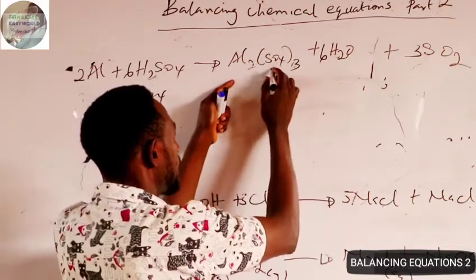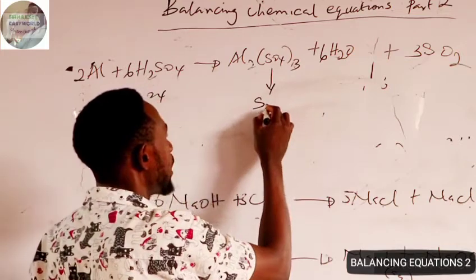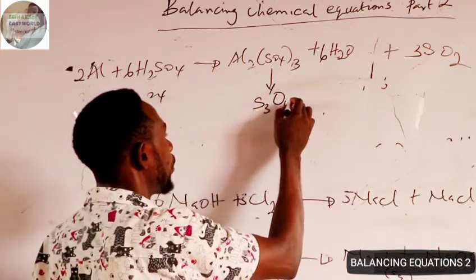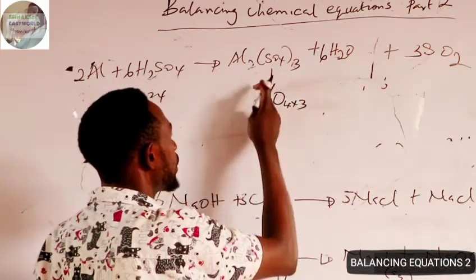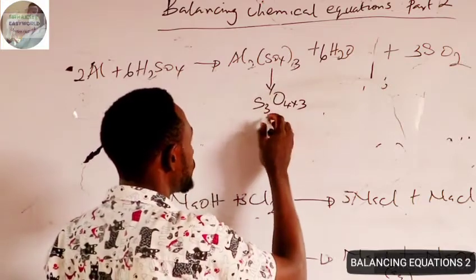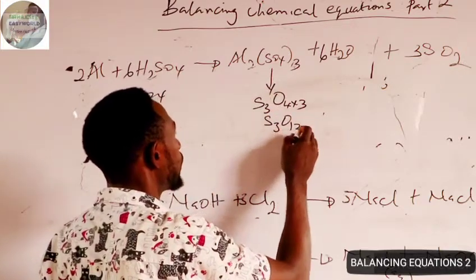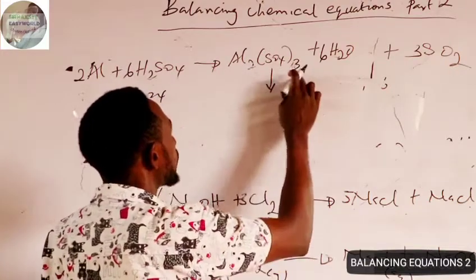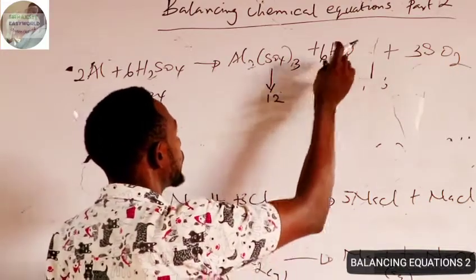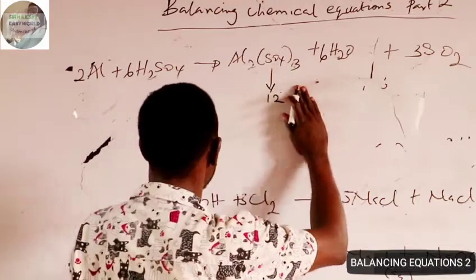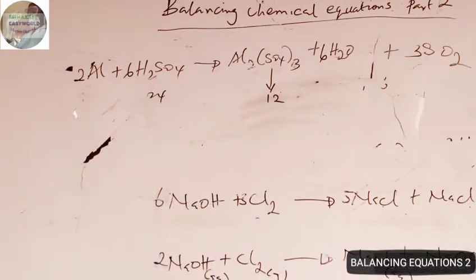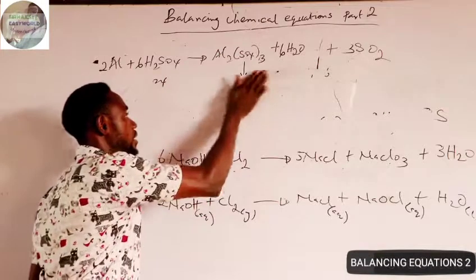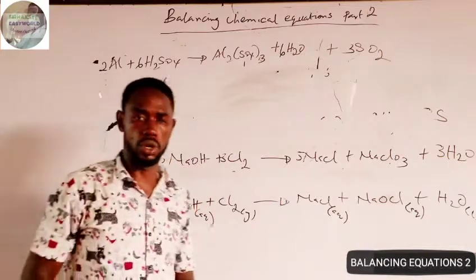If I expand it, it means S1 times 3, then 4 times 3, meaning S3O12. But by the formula, this is the way it's reduced. So, 3 times 4 here is 12, plus 12, I think we got it. This is highly balanced. So, that is it for balancing chemical equation.